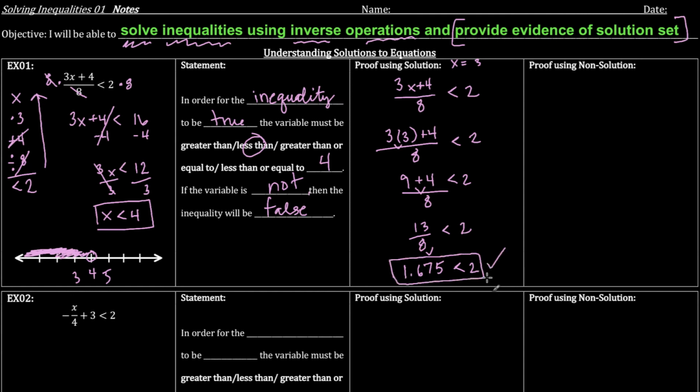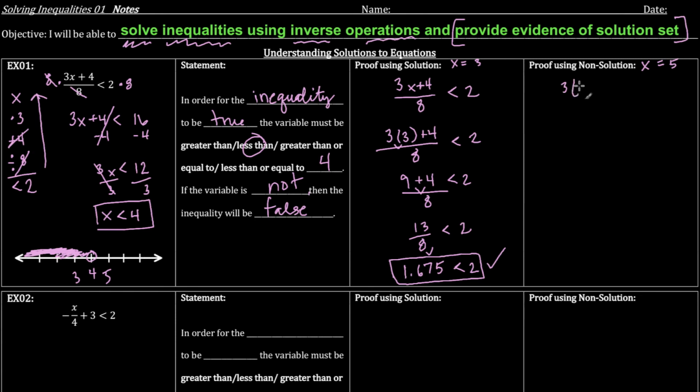Now let's prove that if we don't choose a number less than 4, this is not true. So I'm going to pick a number that's not less than 4. So a number that's not less than 4 is 5. So let's use 5.